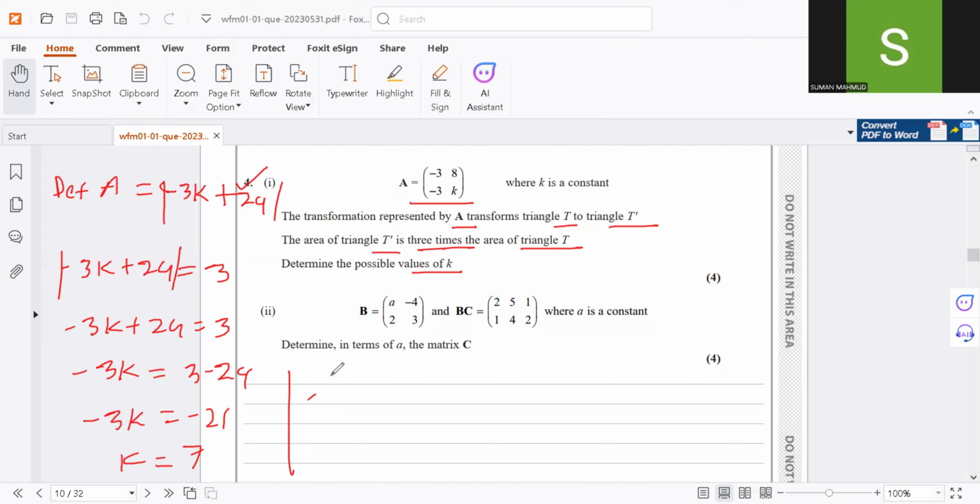When we consider the negative case, minus 3k plus 24 equals minus 3, so minus 3k equals minus 3 minus 24, which is minus 27, and dividing by minus 3, k equals 9.